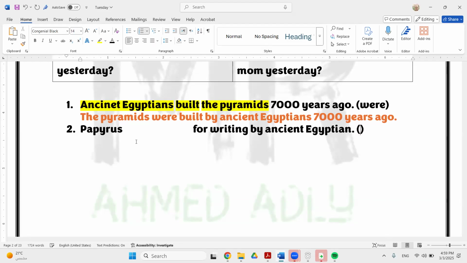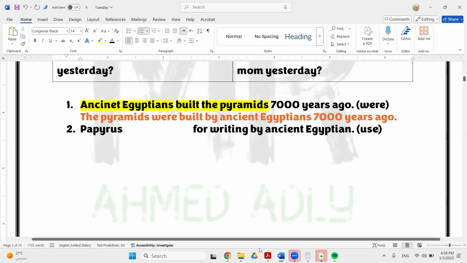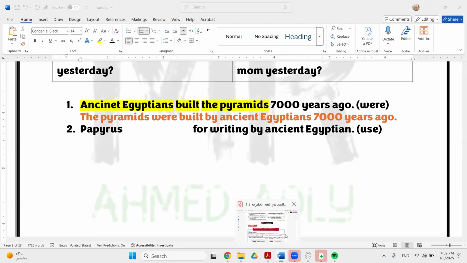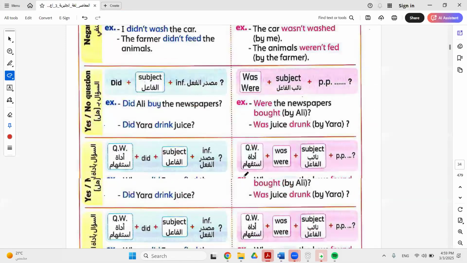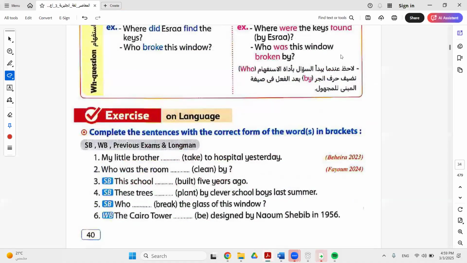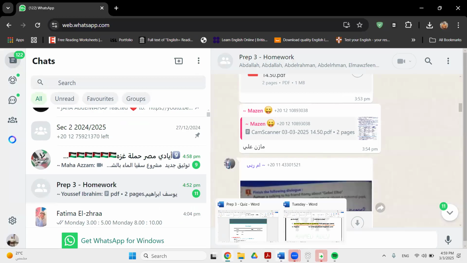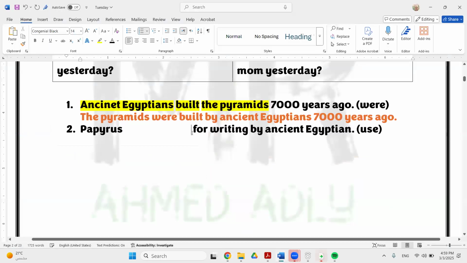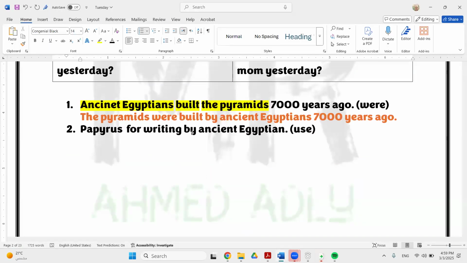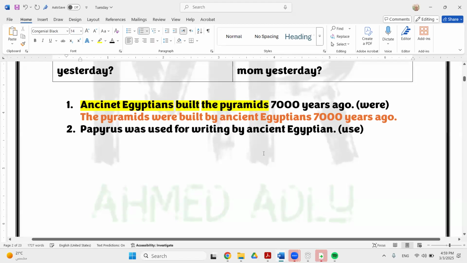Use the correct form of the verb use. Okay, Yusuf Ayman. Was used. Yes, so here papyrus is an uncountable noun, so we say papyrus was used for writing by ancient Egyptians.